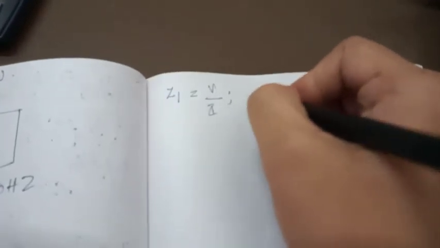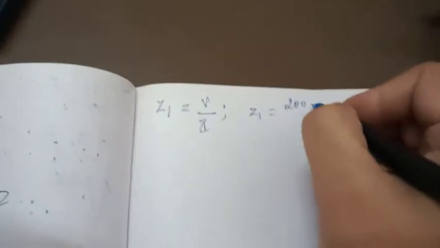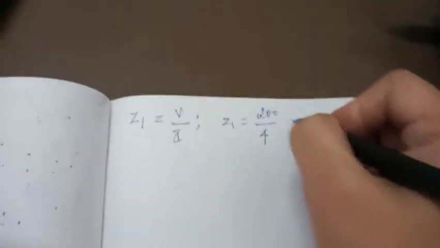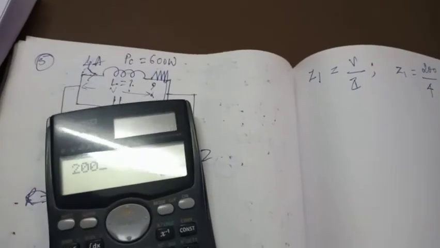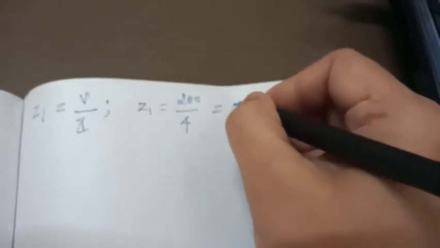So Z1 is equal to 200 divided by 4, that is 50 ohm, the magnitude.